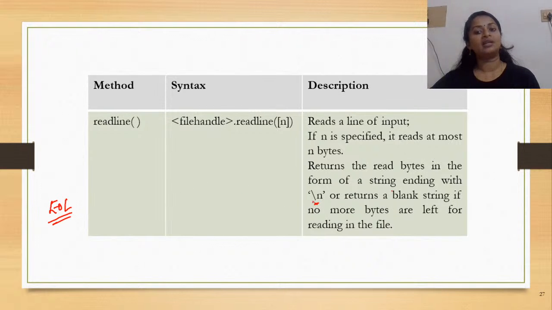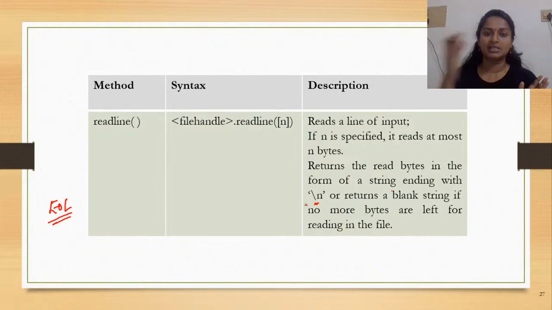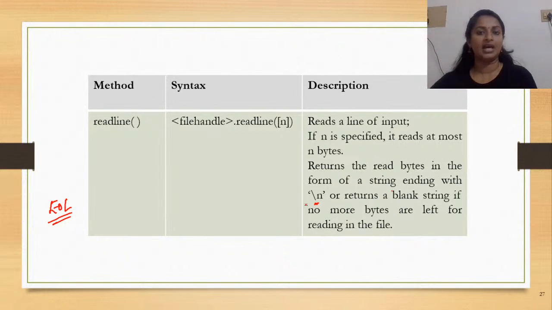In that case, the EOL character is usually taken as a new line. So it will read the bytes in the form of a string ending with \n, the escape sequence showing that this is the end of the line. Wherever this \n is seen, it will read all those characters.